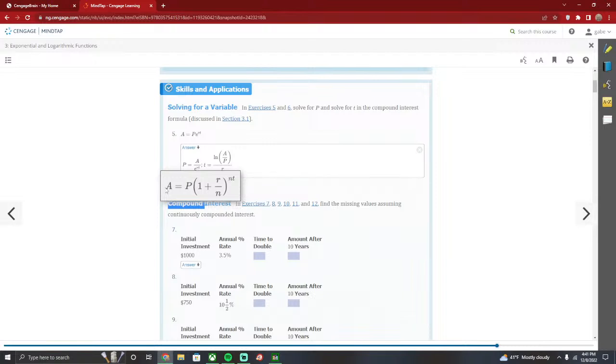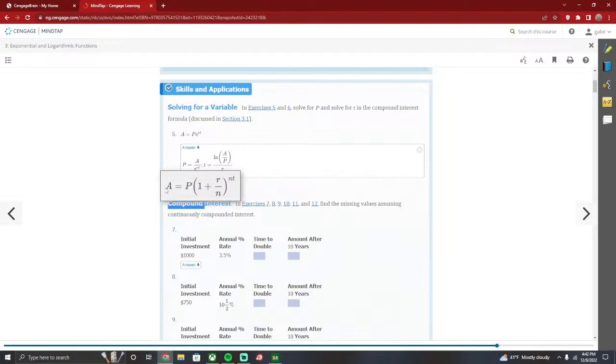So you start off the same, ln A equals ln P plus NT times ln of 1 plus R over N. Then you want to divide both sides by ln of 1 plus R over N.